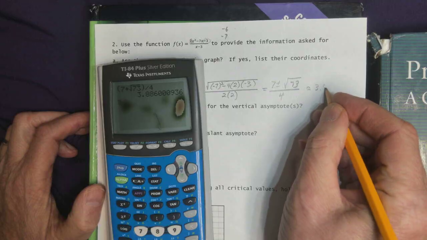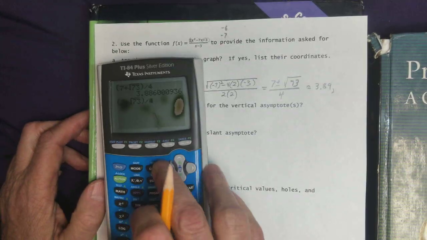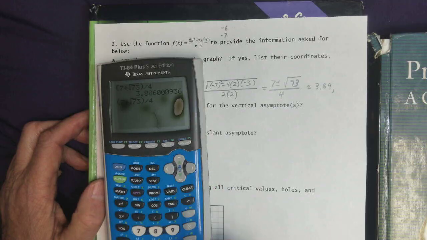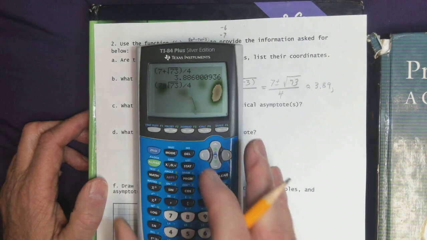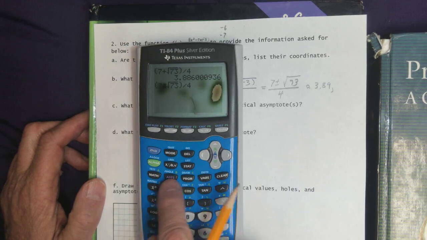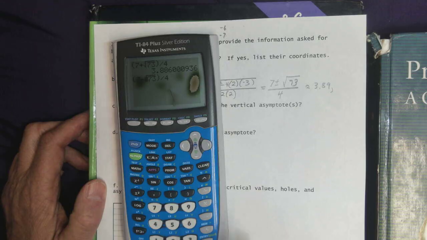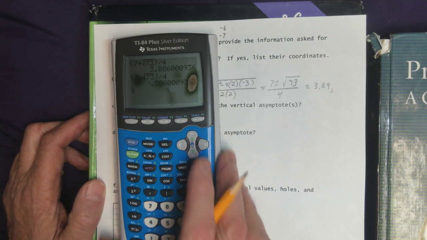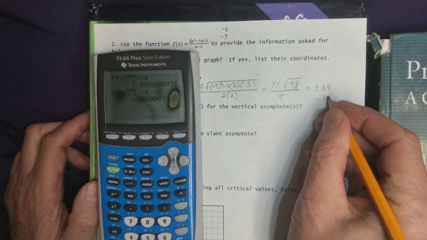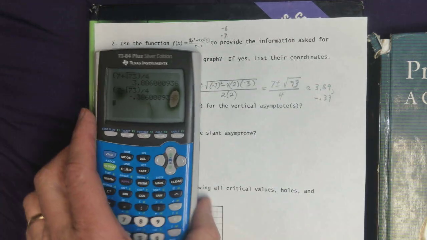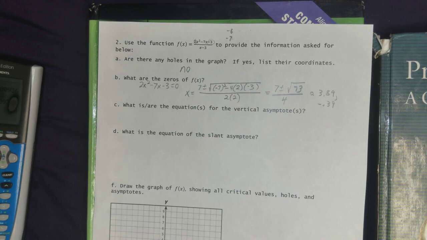So that's about 3.89. Take the plus out and put a minus in. And that's negative 0.39. I'm just rounding for those two answers.